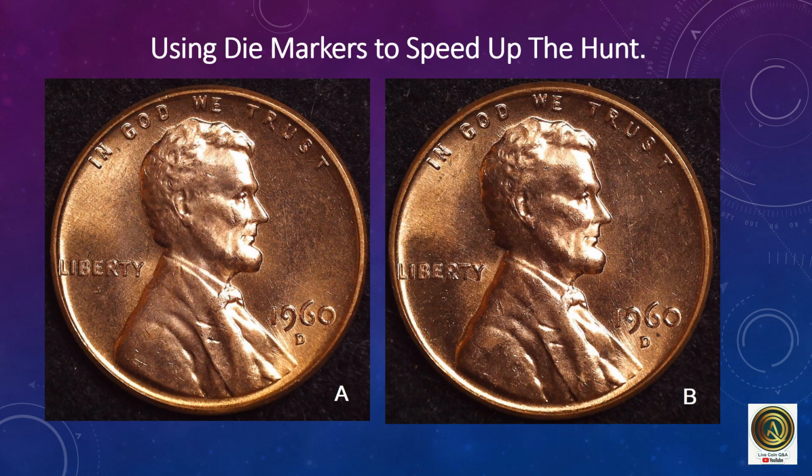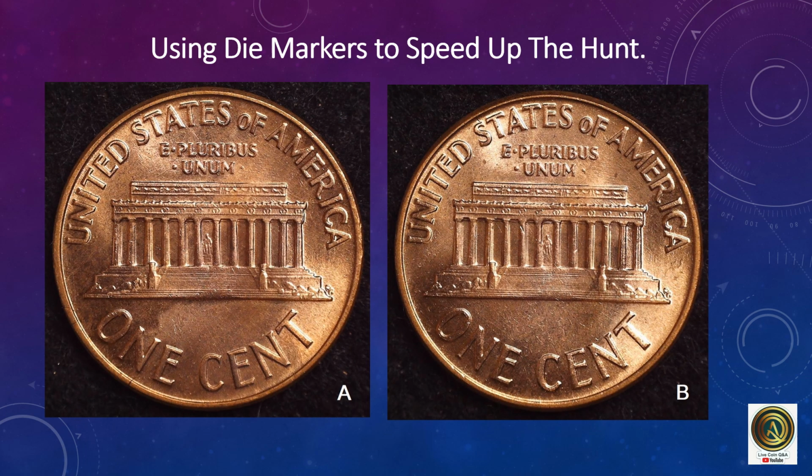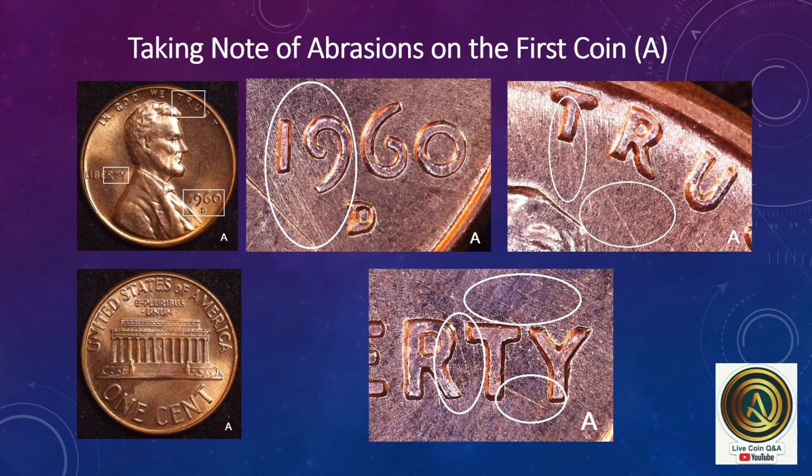We're going to compare two coins, A and B. Taking note of the abrasions on the first coin, we come across a coin in our hunt and we notice abrasions in the date near the word "trust," and more abrasions and scratches in the word "Liberty" in these areas of the coin.